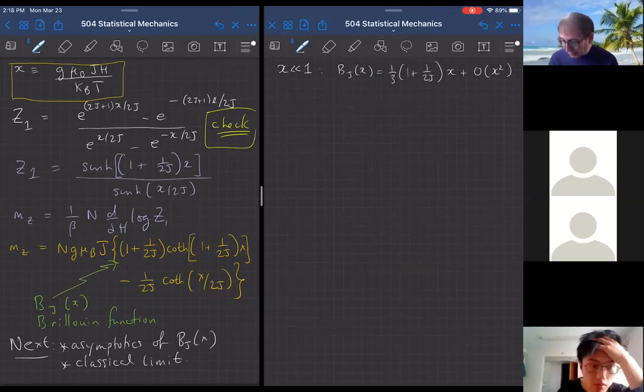And so we're going to get Curie's law. So if I take this limit, then I'm just going to take the linear term. So m_z is going to be N times g squared times mu_B squared times j(j plus 1) over 3 k_B T times the external magnetic field.